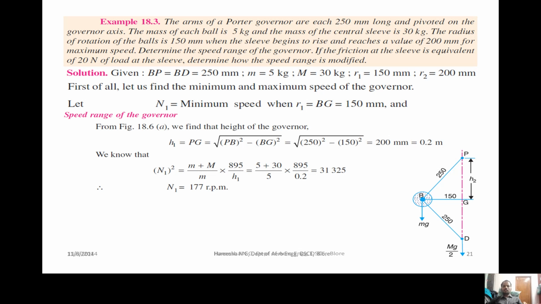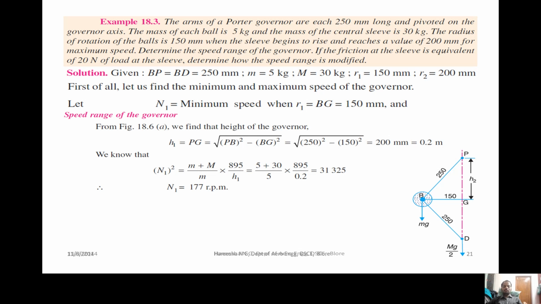Here it is 30 kg, and the radii of rotation are 150 and 200 mm for maximum. Determine the speed range. Up to now that is clear. If the friction at the sleeve is equivalent to 20 Newton of load at the sleeve, determine how the speed range is modified.